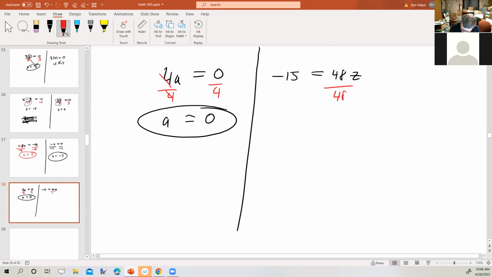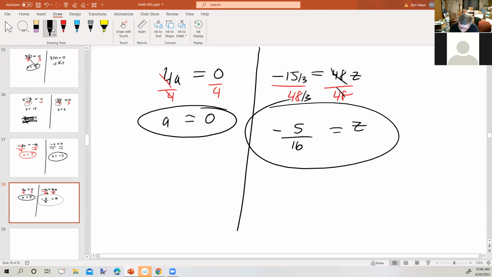I will divide both sides by 48. On the right side, I get z. On the left side, I can reduce -15/48. I can divide the top by 3 and the bottom by 3, and I get -5/16. Okay. Any questions there?